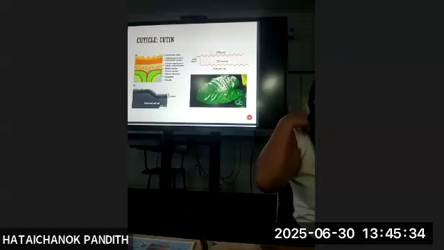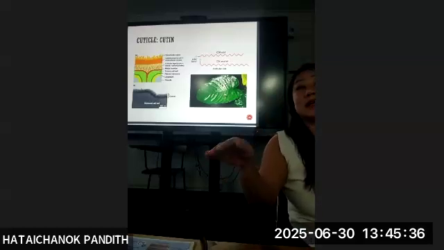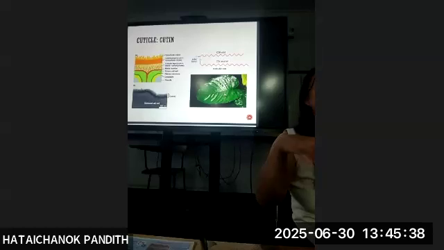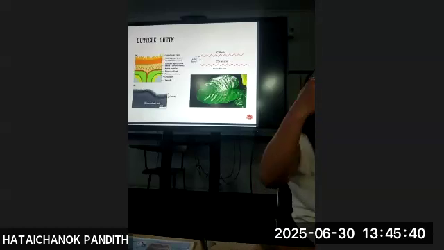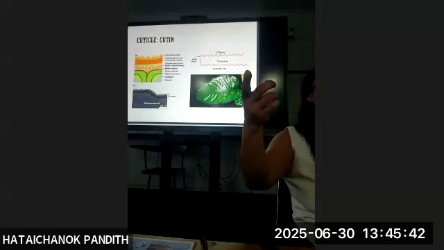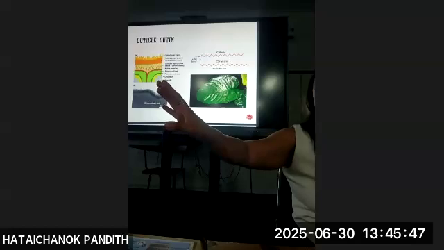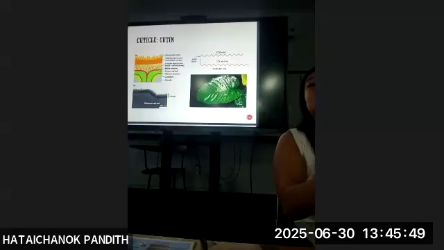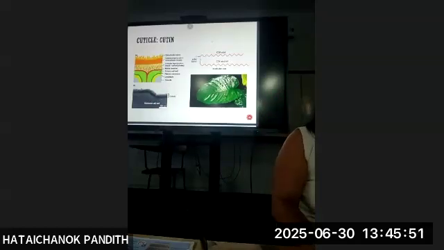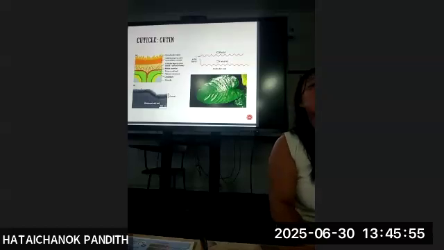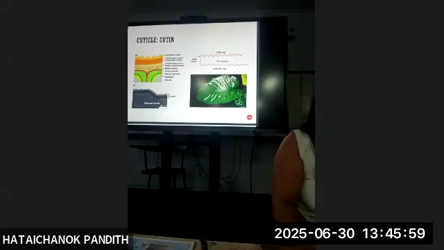Okay, if it's in a drought area, a very hot area, the respiration of the plant will be very fast, right? So each time of respiration, there will be a loss of water too. So it will reduce the respiration. If you put a drop of water on it, you can see that it cannot go inside. Okay.